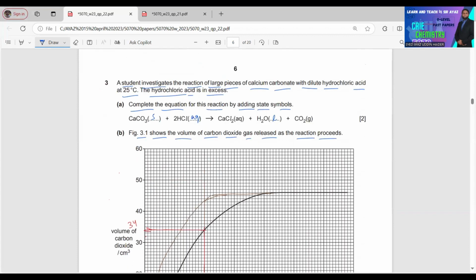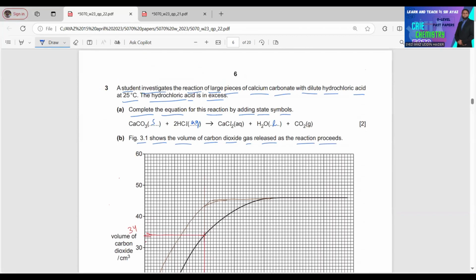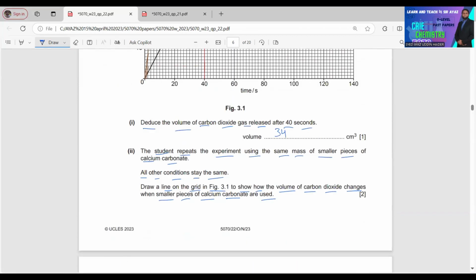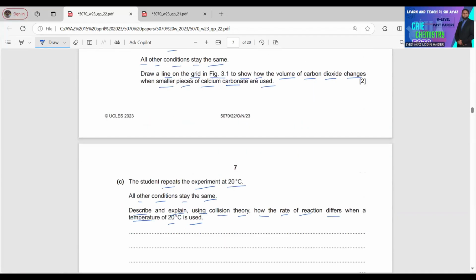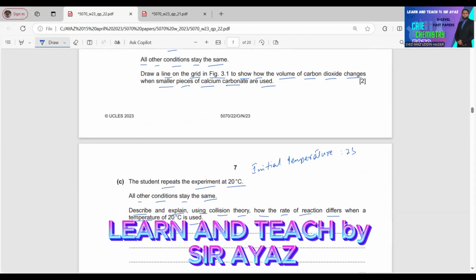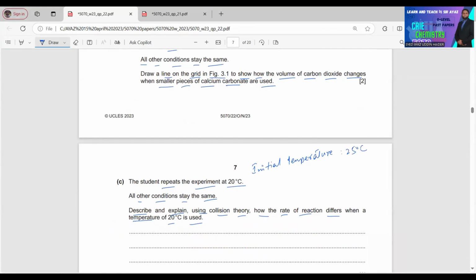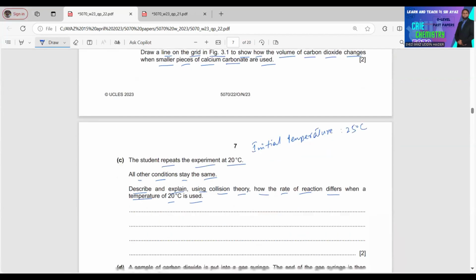So initial temperature in this reaction is 25 degrees centigrade, which means they have reduced the temperature, and so definitely the rate of reaction decreases.